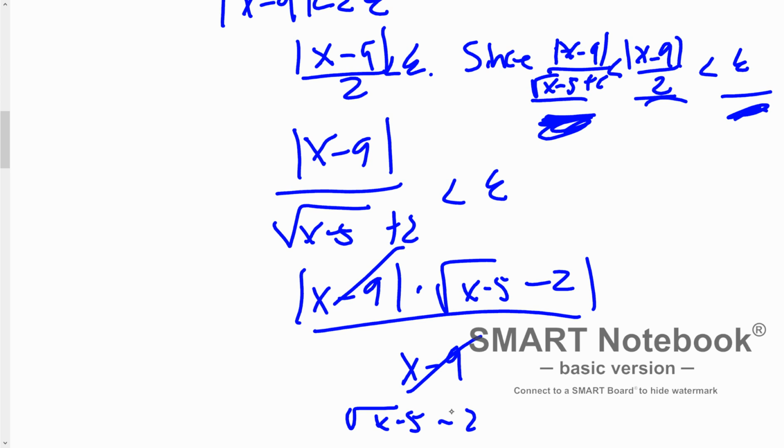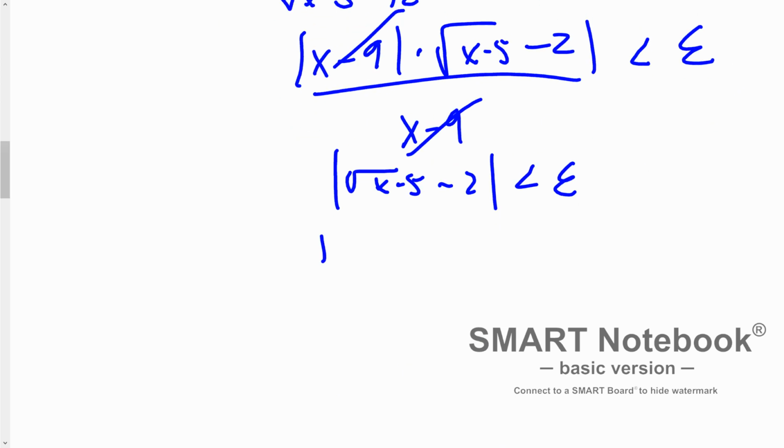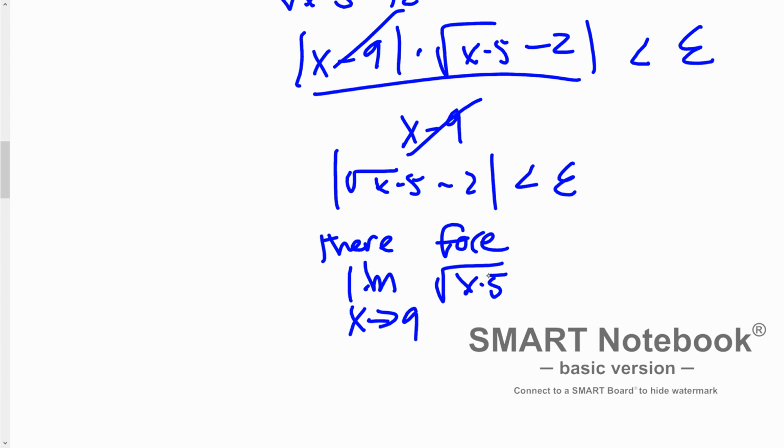This is all less than epsilon, which proves our f of x minus L is less than epsilon. Therefore, the limit as x goes to 9 of f of x, which is √(x - 5), equals 2. Done.